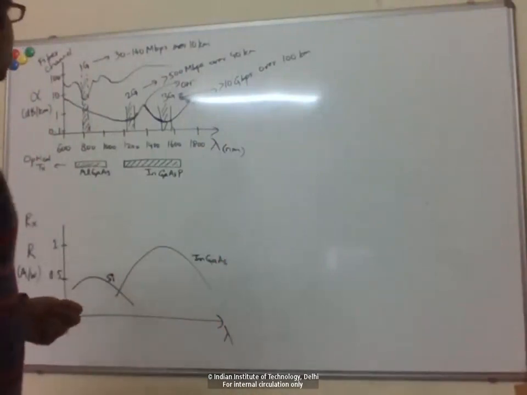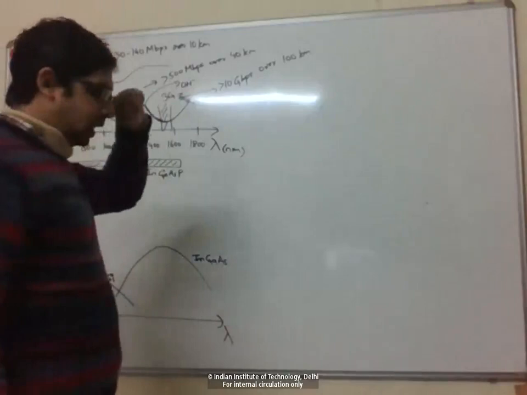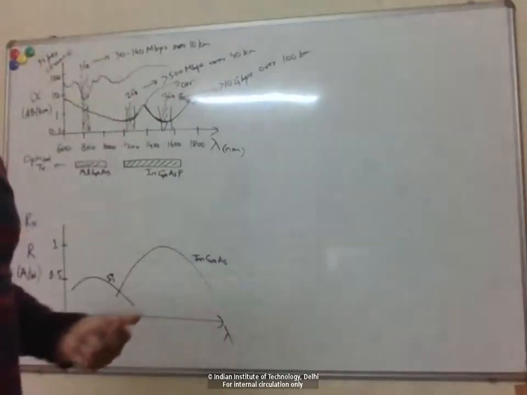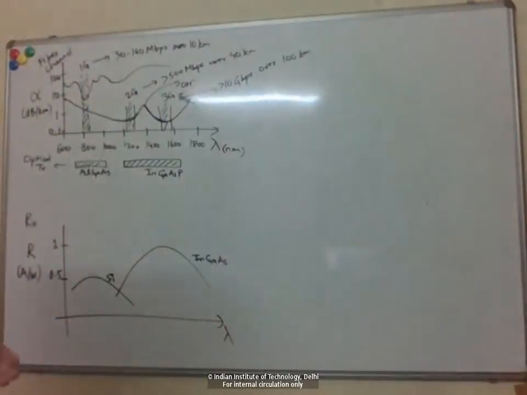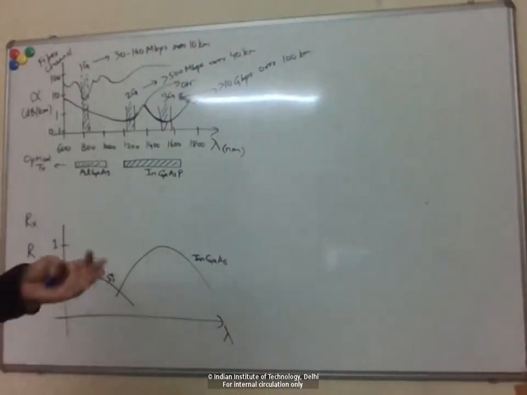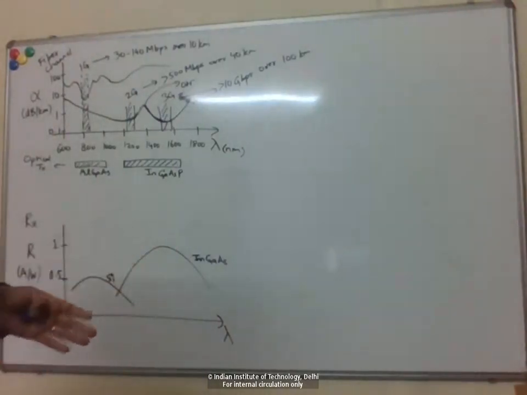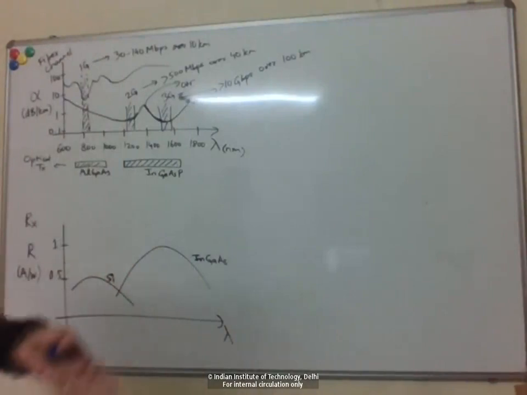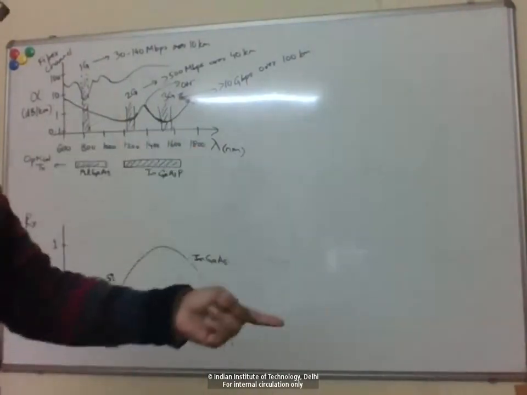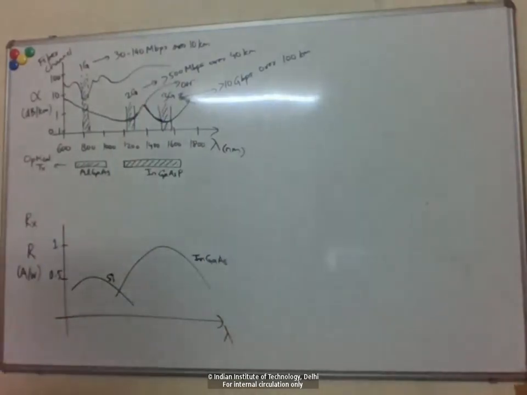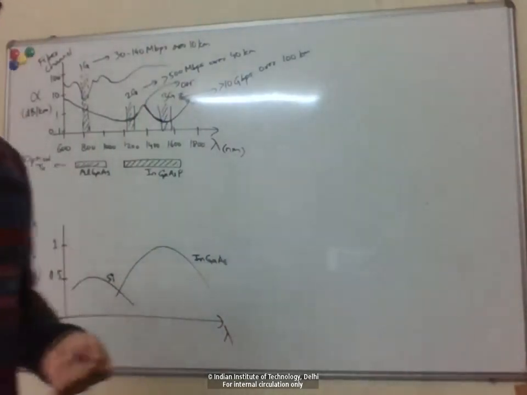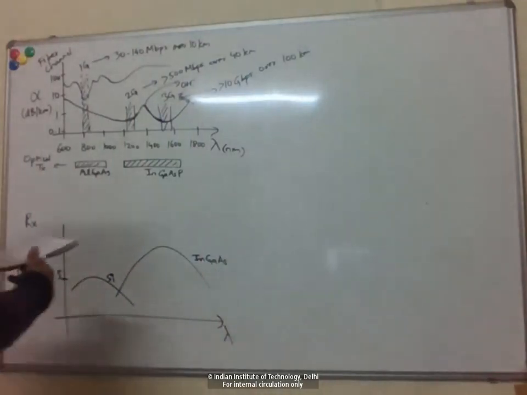And so initially these third generation systems had electronic repeaters. So you detected the optical signal using some photodetectors, got it into the electrical domain, amplified in the electrical domain, and then reconverted to optical. Okay, so this was before the invention of optical amplifiers.